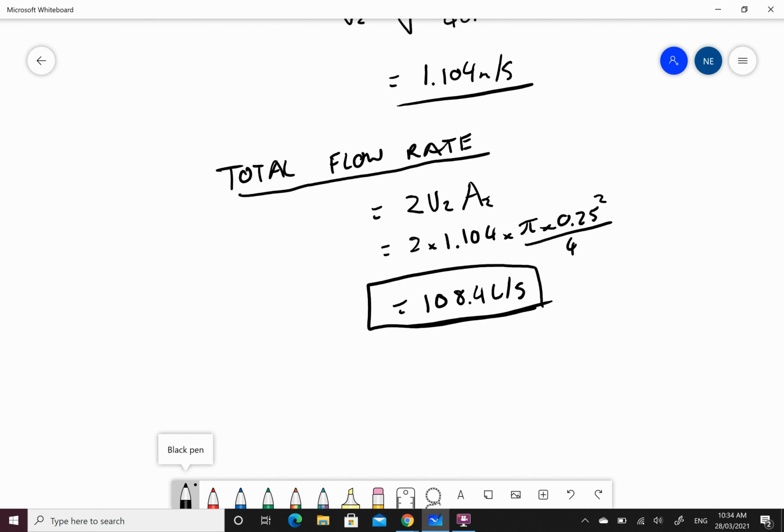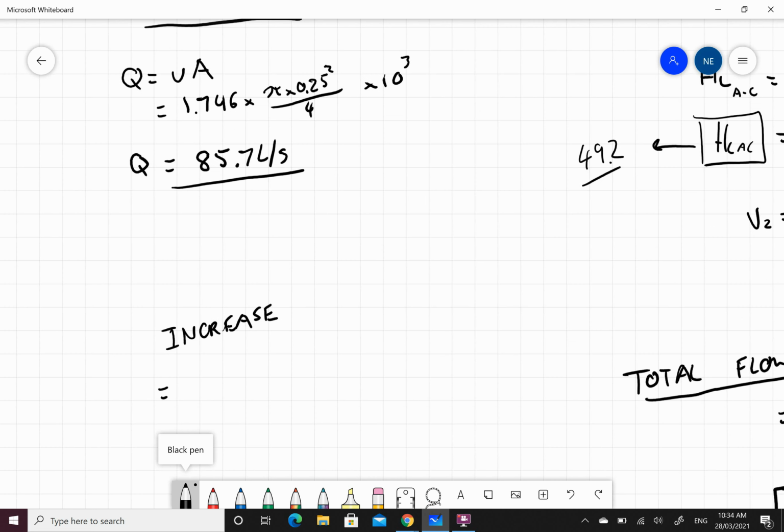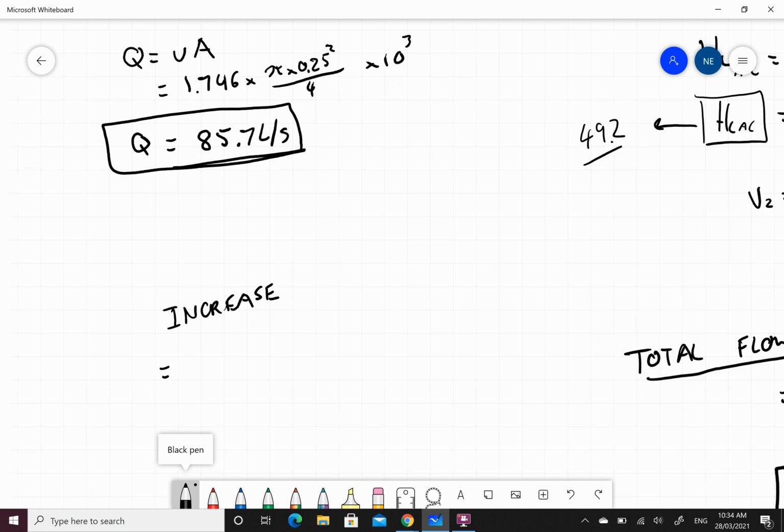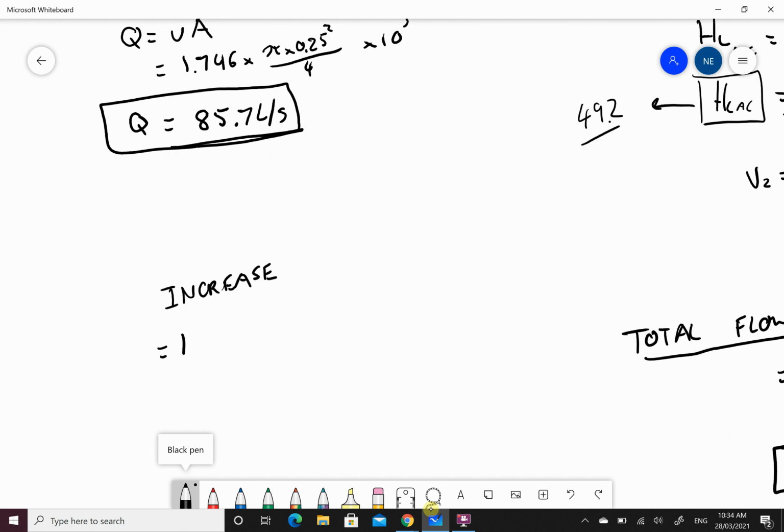My total flow due to adding in my parallel pipes, subtract my flow without them: 108.4 subtract 85.7, 22.7 liters per second.